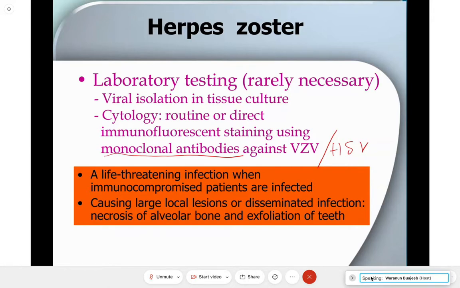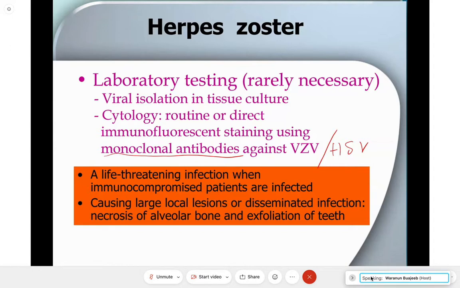So it depends on the severity of the disease and the oral condition of the individual patient. If the patient has severe periodontitis, they are quite susceptible to bone necrosis or exfoliation of teeth.